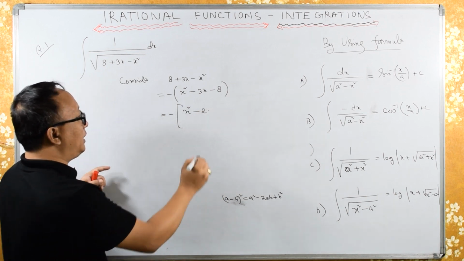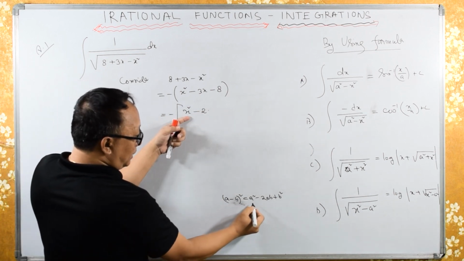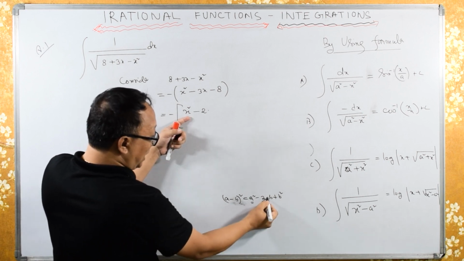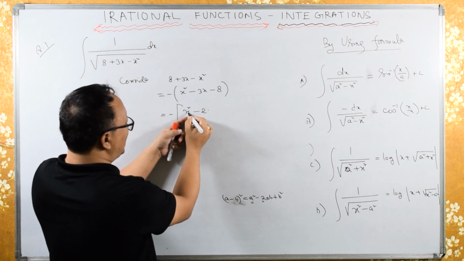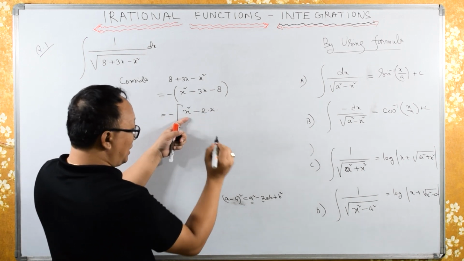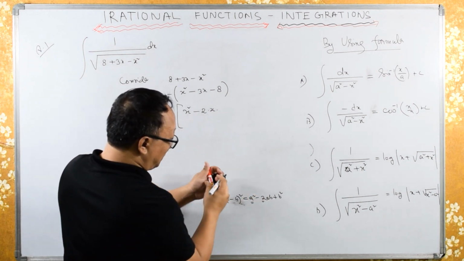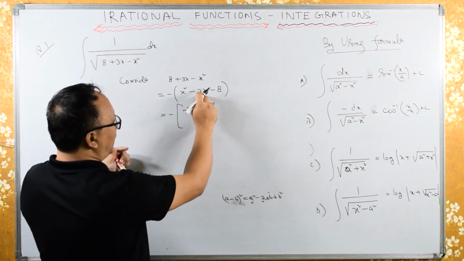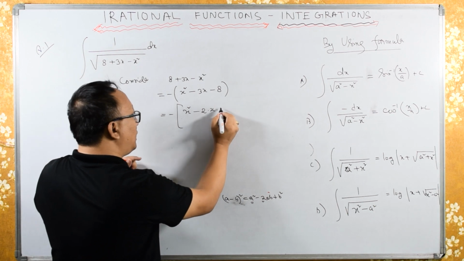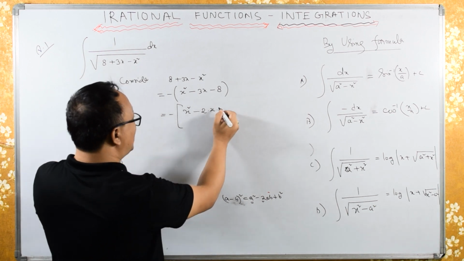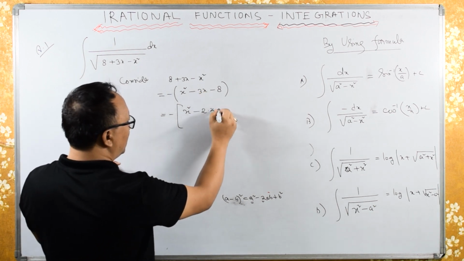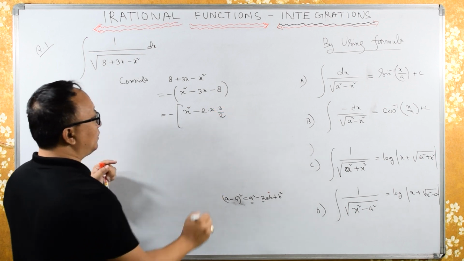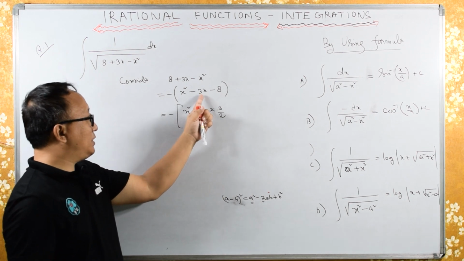Since a is there, x should come over here. But I need to adjust b so that I get 3x. If I insert 3 upon 2, I get 3x.